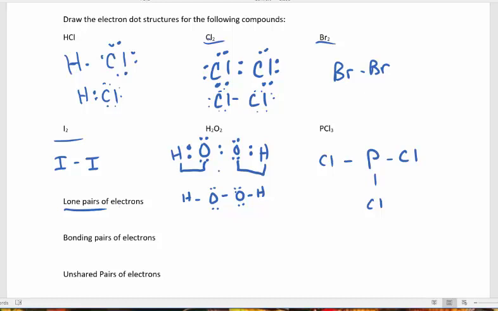So this structure would have 1, 2, 3, 4 lone pairs of electrons. Bonding pairs, there's 2. And unshared pairs of electrons, we can say that those are basically the same thing as lone pairs. What we will also talk about is lone electrons.